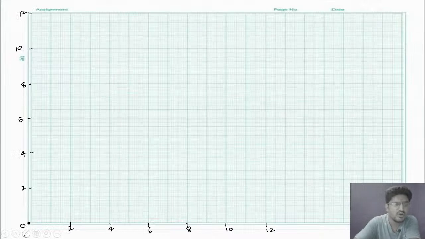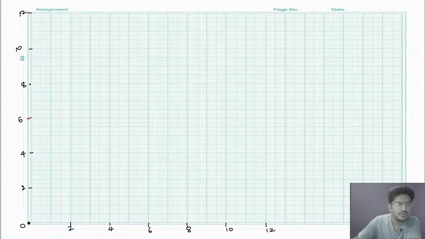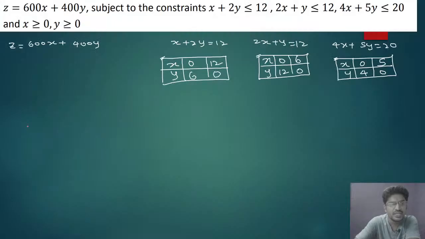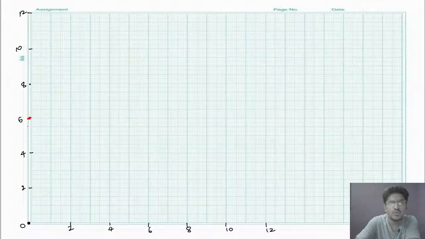Take x is 0, y is 6. Clear? And another point is x is 12, y is 0.